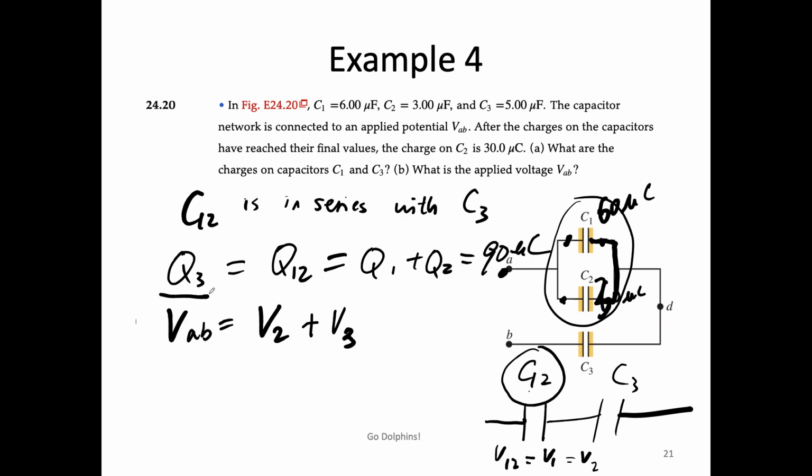So right now I need to find out what V3 is. Good news is I already found Q3. So V3 equals Q3 over C3.